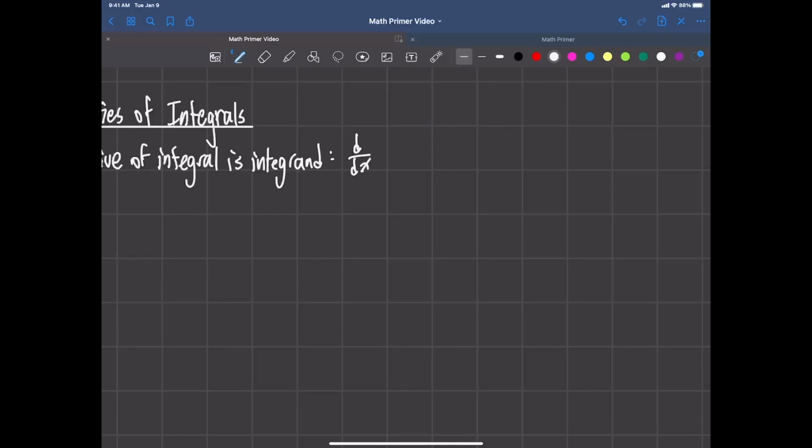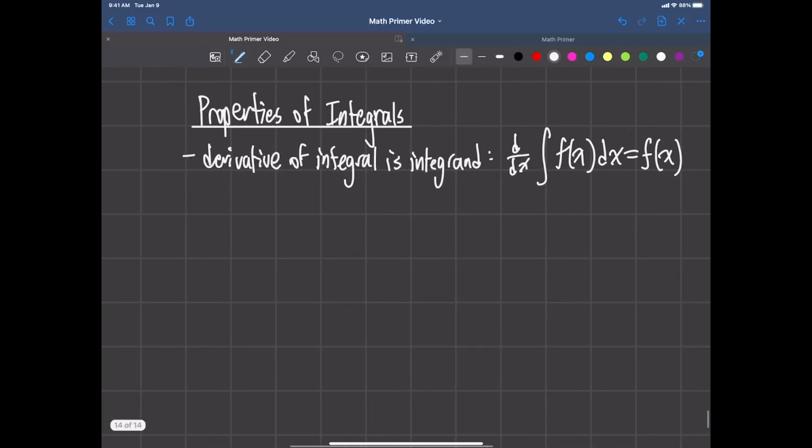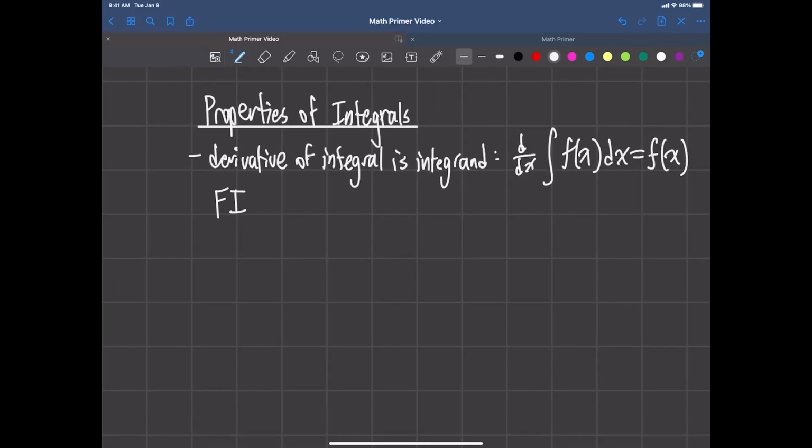Or the derivative d over dx of the integral of f of x dx is just equal to f of x. And this is the fundamental theorem of calculus, theorem 1 that we covered before.